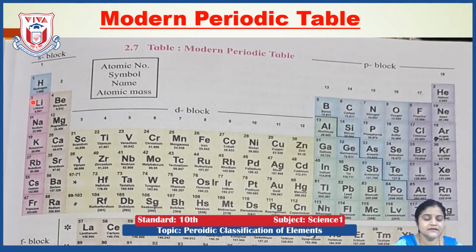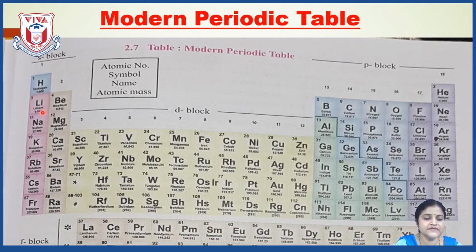Here you can see the configuration of lithium is 2,1, beryllium is 2,2, boron is 2,3, carbon is 2,4. That means all the elements have only two shells, and henceforth they are placed in the second period.